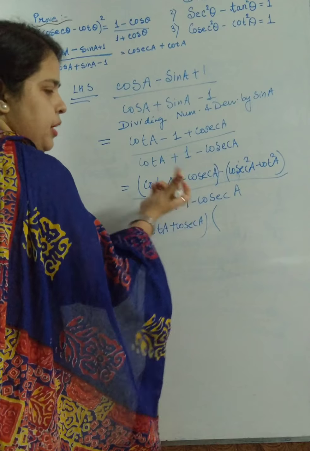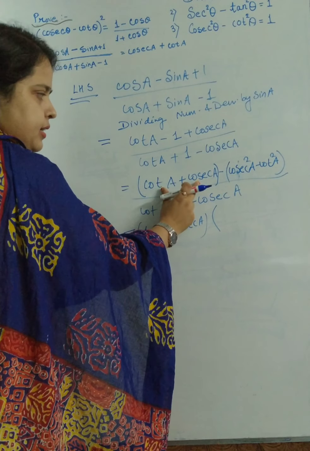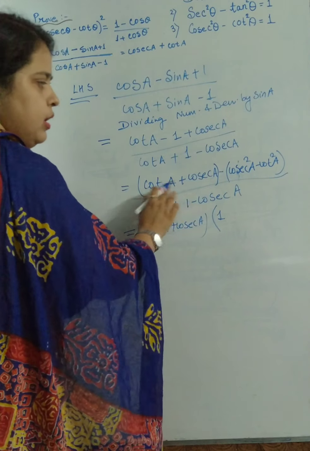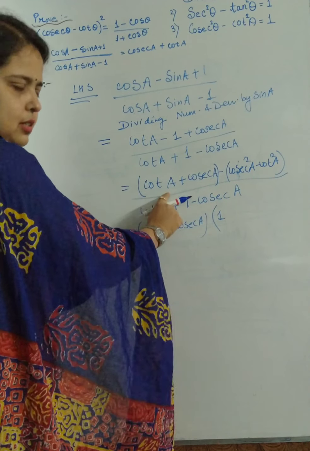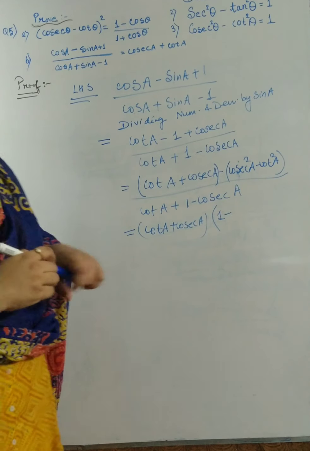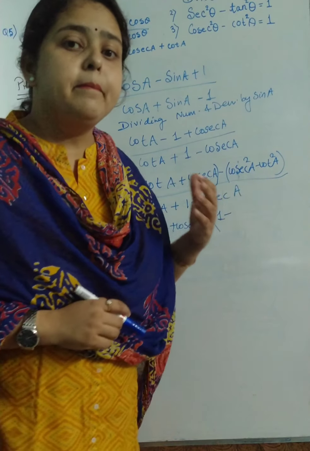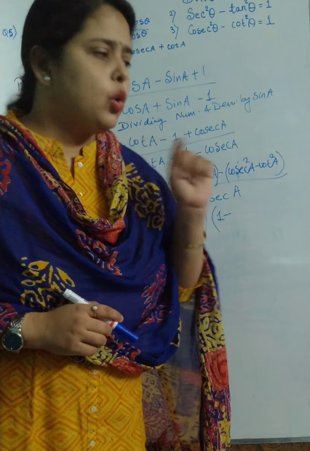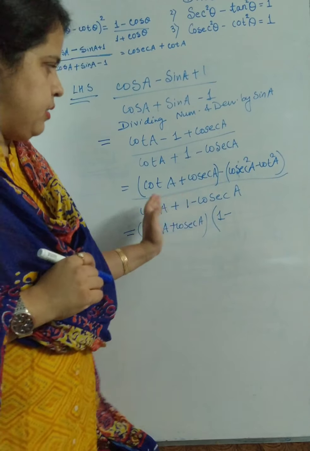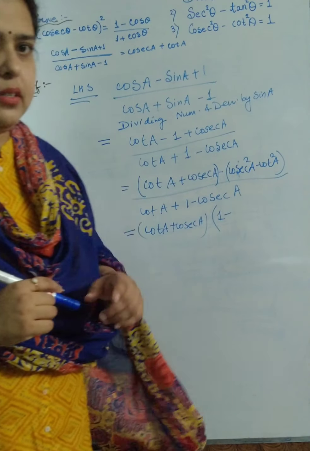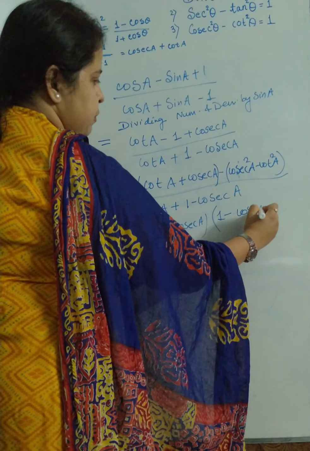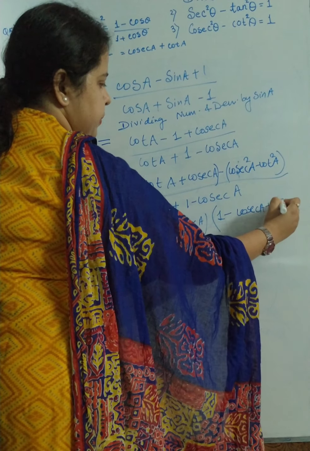Only one will be left in the first term, and in the second term I will be left with only cosec A minus cot A. But a minus runs over there, so the sign changes, as I explained before how I change the sign.